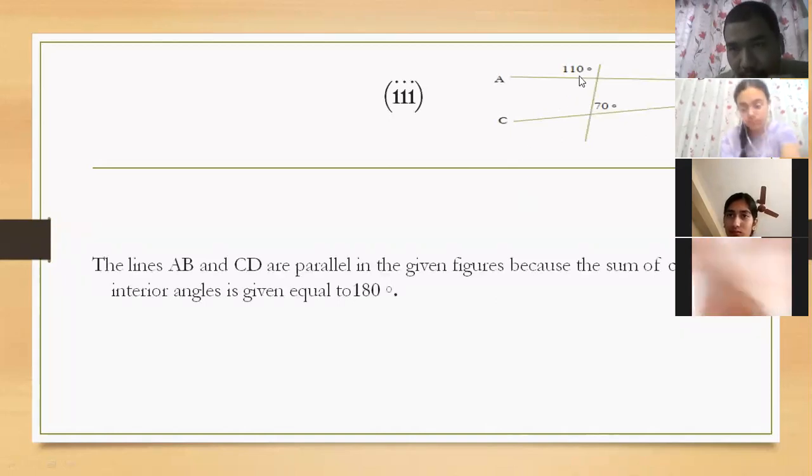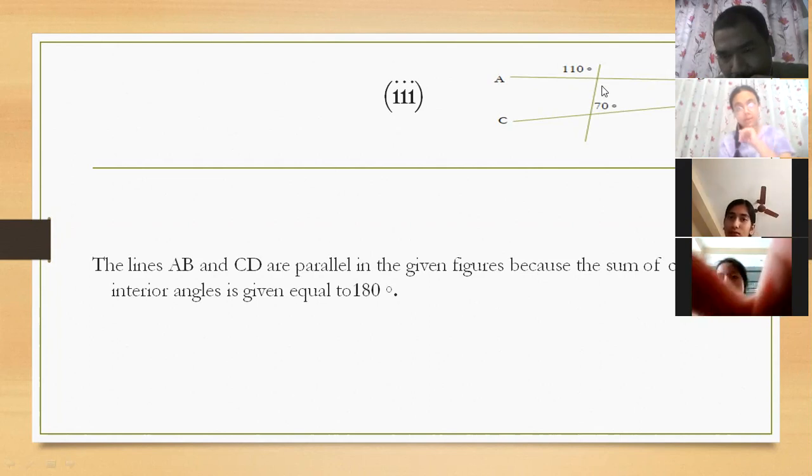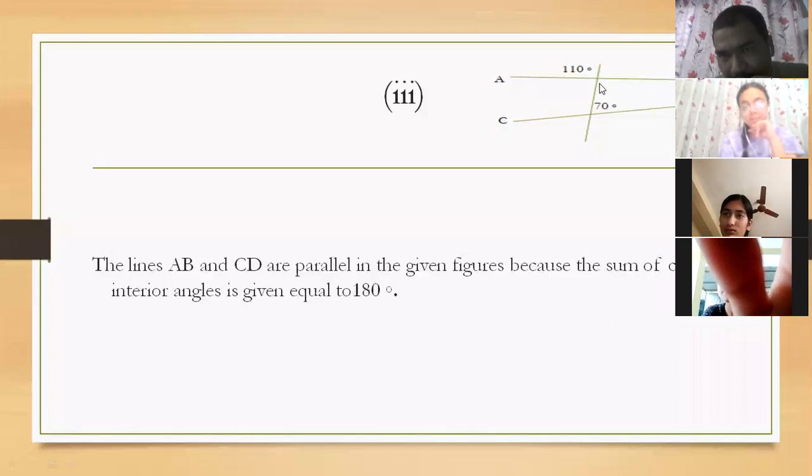Here, when you bring this 110 degrees to this side, it will be vertical of this angle, right? Are you looking at my pointer? Yes, sir. This is the 110 vertical of the angle. This 110 and this 70, what type of angles will they be now?